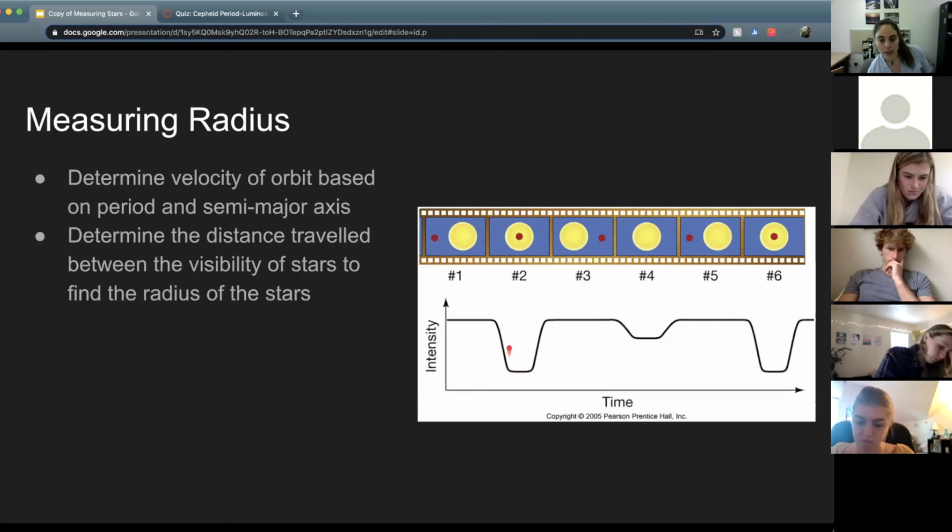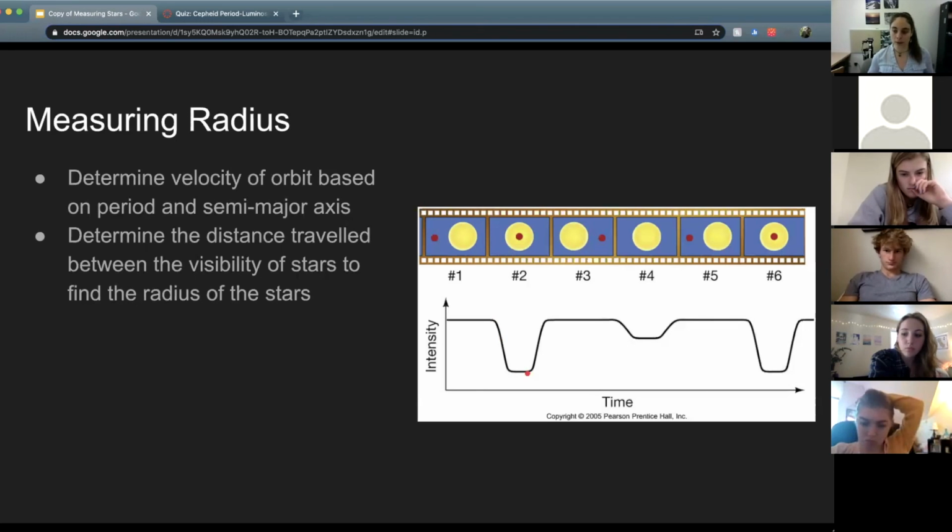And the time it takes to go from total brightness to the lowest point in our light curve will tell us information about the radius of the small star. So this is one of the best ways to get the radii of stars when we can observe binary systems.